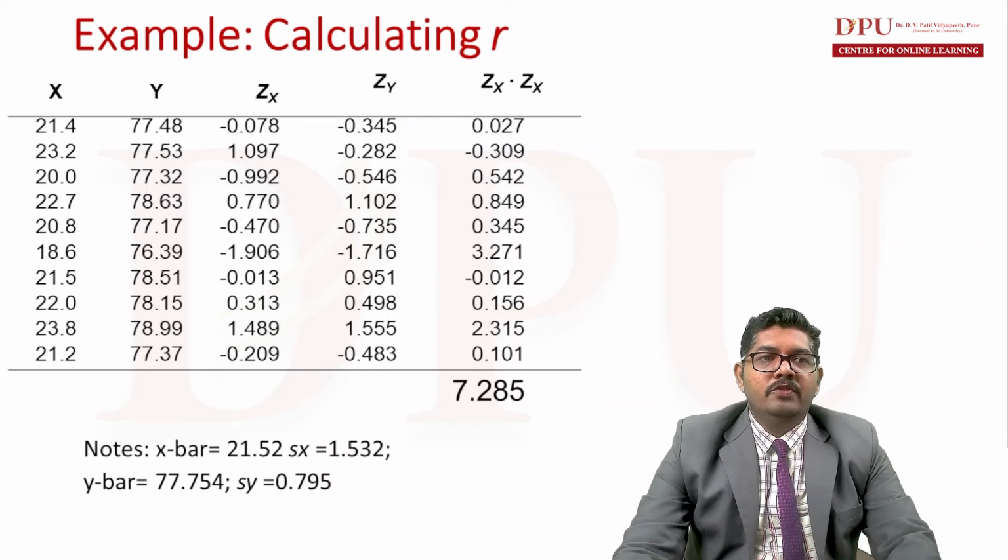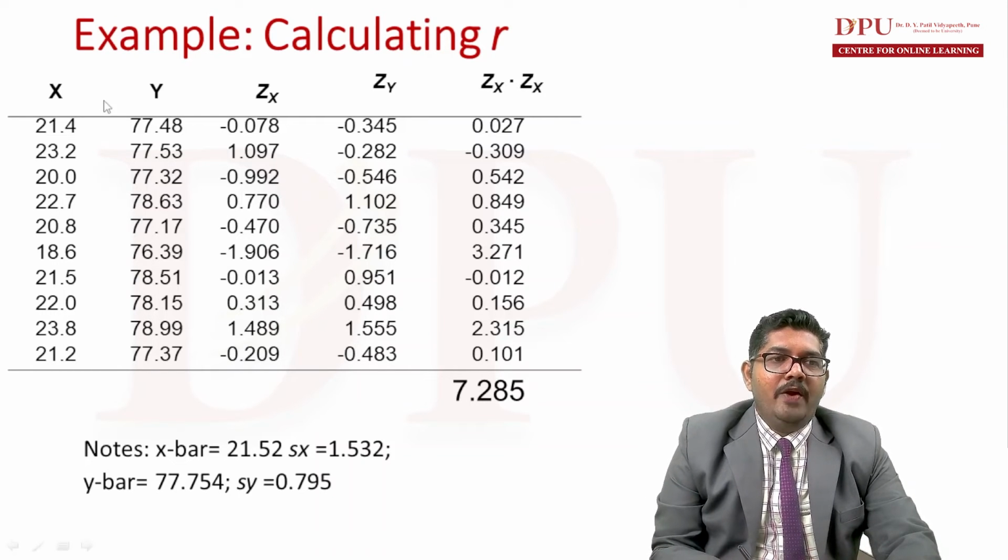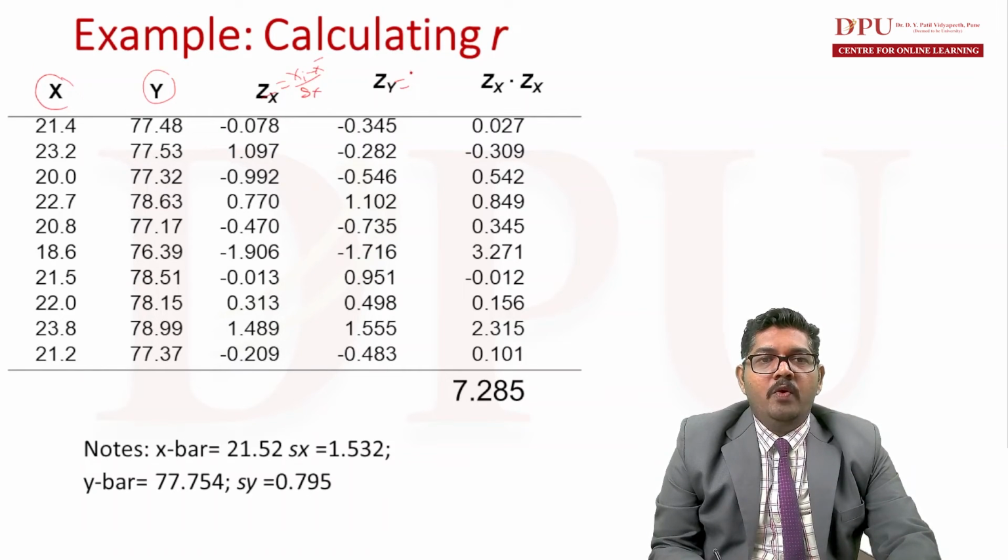So these are the values for calculating R. We have x values and corresponding y values. So we calculate Zx. What is Zx? Zx is equal to xi minus x bar divided by sx. What is Zy? Y minus y bar divided by sy. Sy is the standard deviation of y variable. Sx is the standard deviation of x variable. X bar is the mean of x.